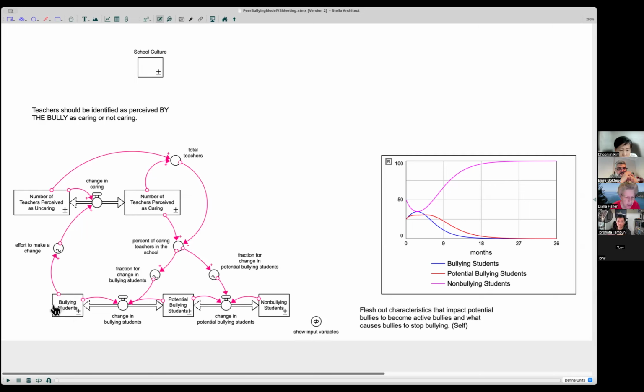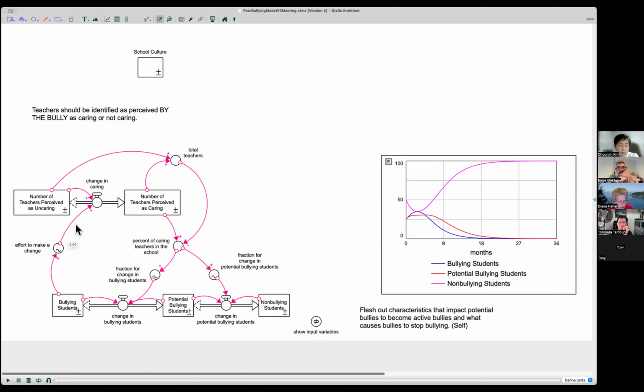And we thought this would be better than the bullying incidents because there are more things that can be done in the school, more policies that could be done in the school to move students back and forth in these groups. And so the more students who are actively bullying, that's what increases the effort at the school to make a change.